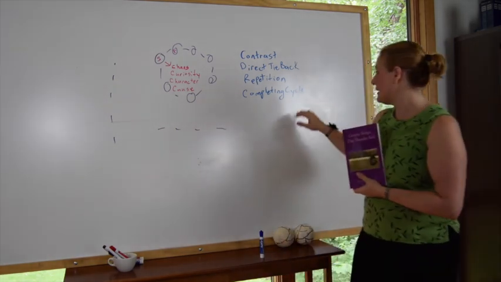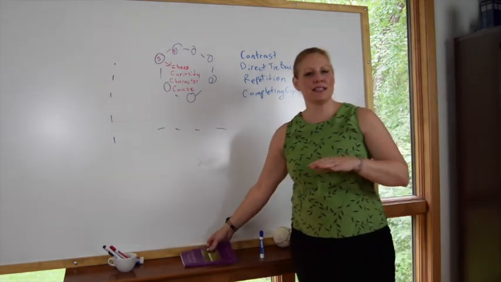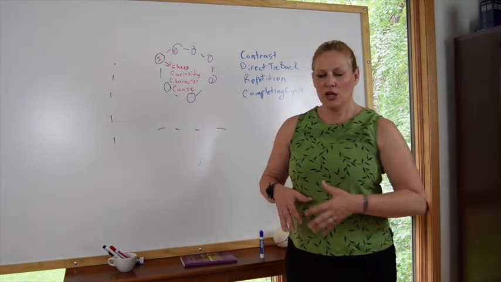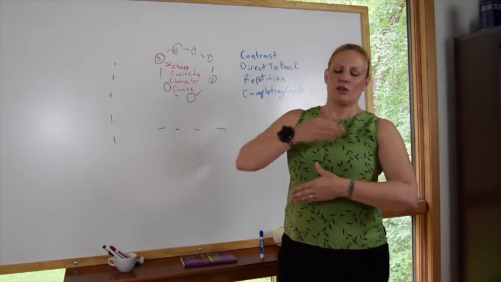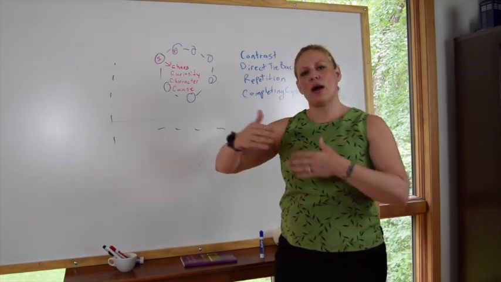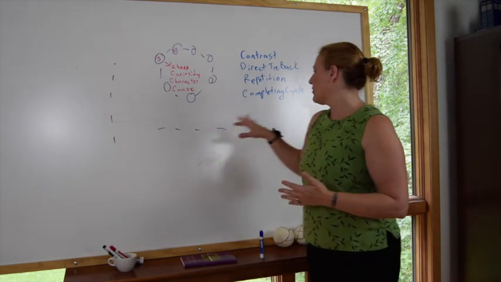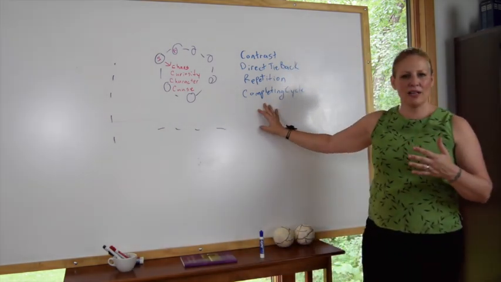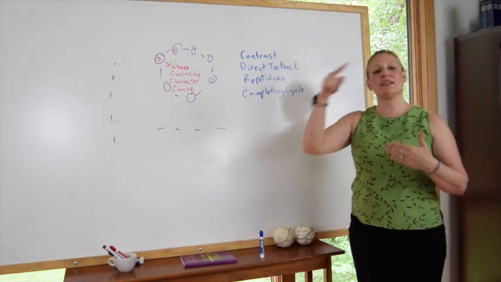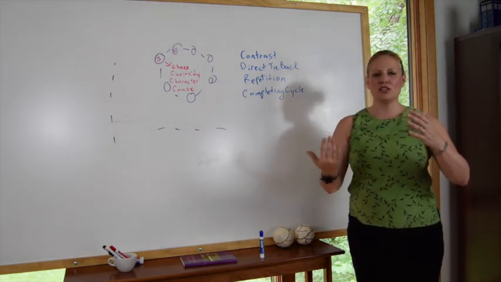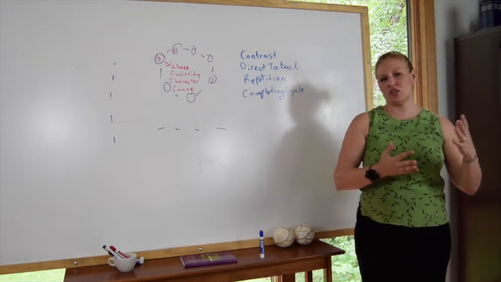And then the last piece is a completing cycle. Like I said, with the leg broken, that might be something that could count as a completing cycle. Your leg is broken in the beginning. There's all of this healing that goes on throughout. Well, the completed cycle is that the leg is healed at the end. Another completing cycle that's very common in stories is something that would be a seasonal cycle. It could be like it opens in spring, it ends in winter. It opens in winter, it ends in spring.